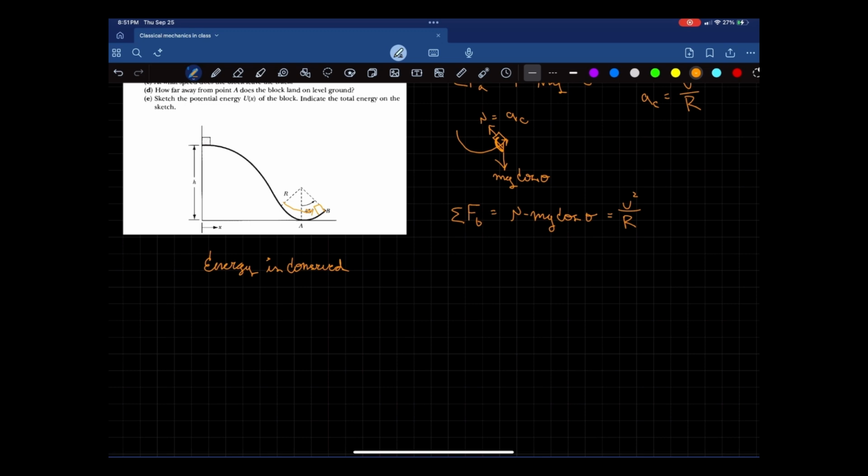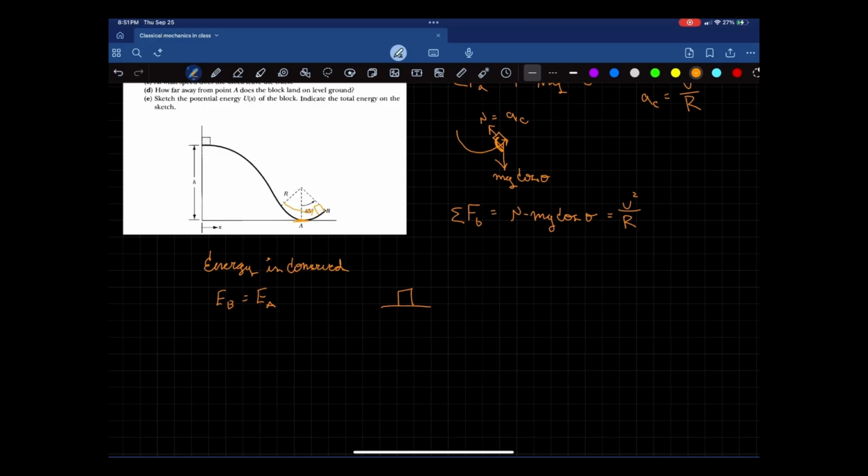So we can say that the energy at point B is equal to the energy at point A. That makes the problem a million times easier, because at point A it's on a flat point, and at that instant it stops gaining kinetic energy. It doesn't have any kinetic energy, because the instant it starts moving up the track, it starts losing kinetic energy.